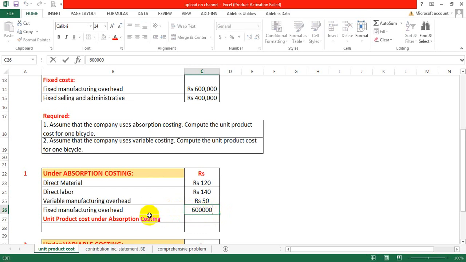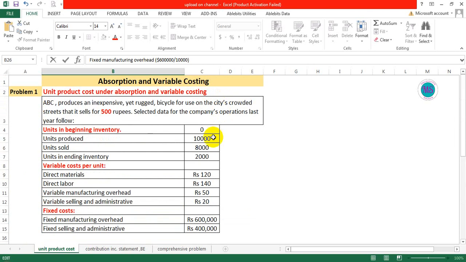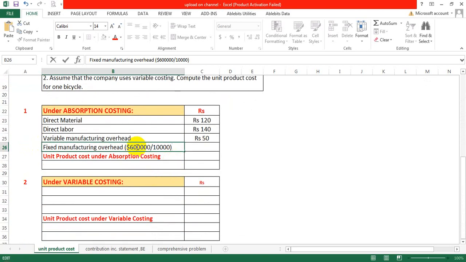My fixed manufacturing overhead is 6 lakh, and my units produced is 10,000. From where did I get the units produced? It is mentioned in the question, units produced, that is 10,000. So 6 lakh divided by 10,000, the answer is 60.